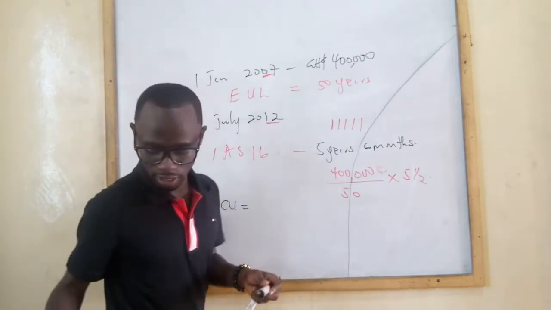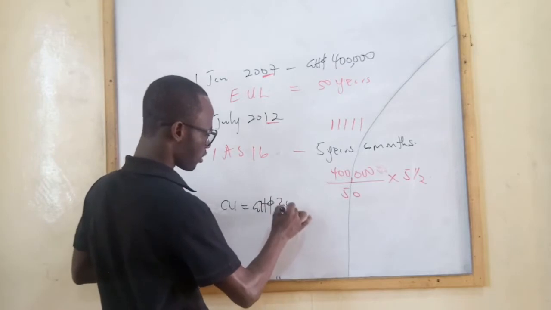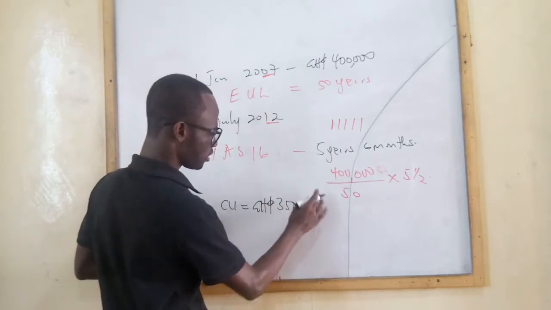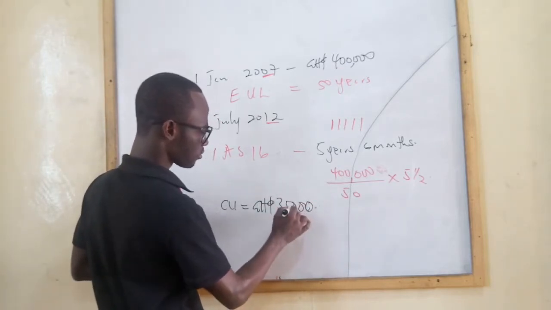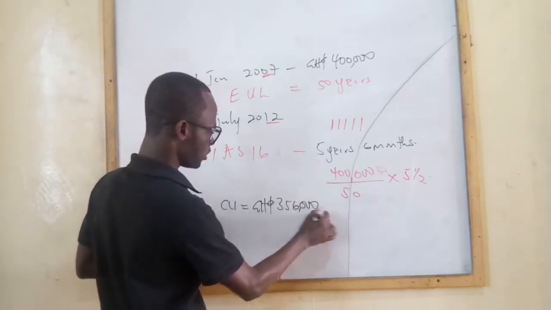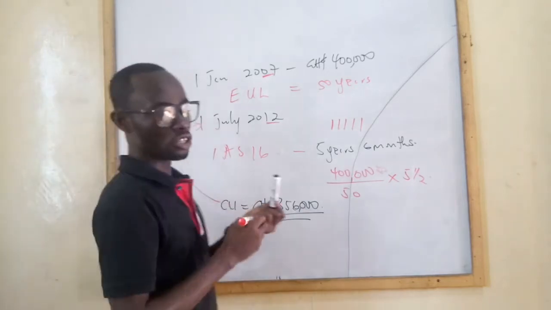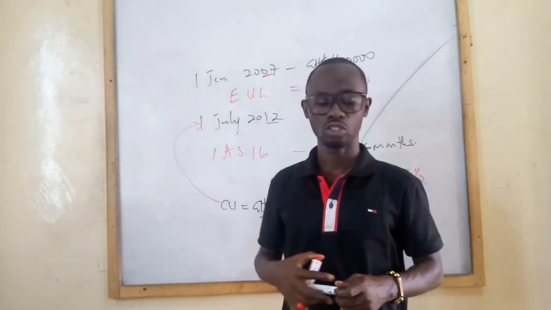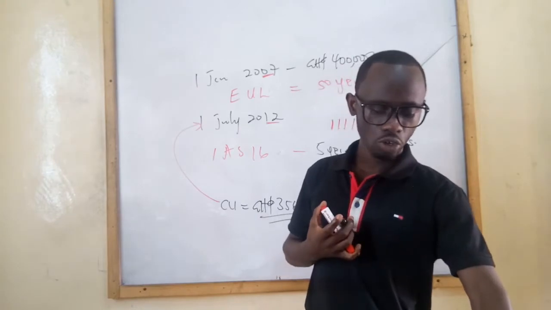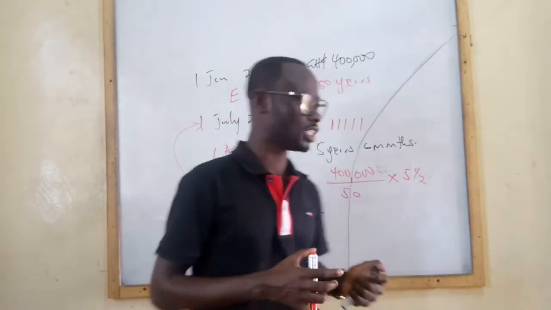I've already done the maths here, so you can do that. So 356,000 is the carrying value of the asset as at 1st July when the conversion took place. So how do we now treat this in the financial statements?